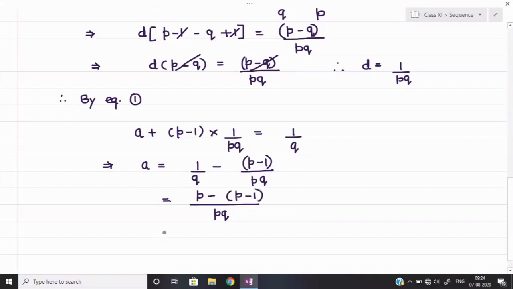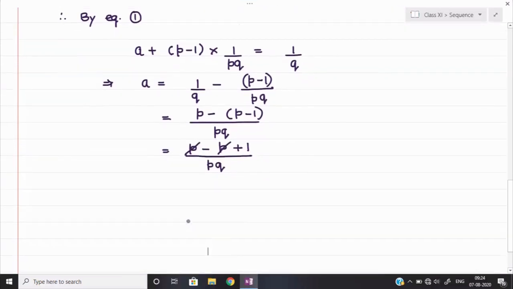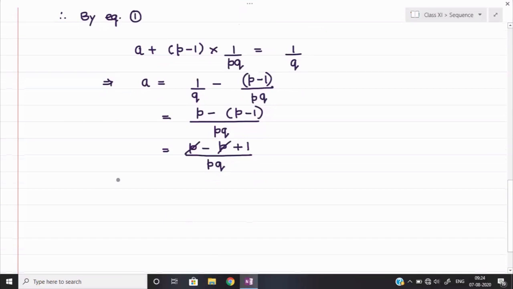Okay, now if I go further, this will be p minus p plus 1 whole divided by pq. Here p and p got cancelled, so therefore the value of a will be equal to 1 upon pq. Okay, so now you see we got the value of a also and value of d also.